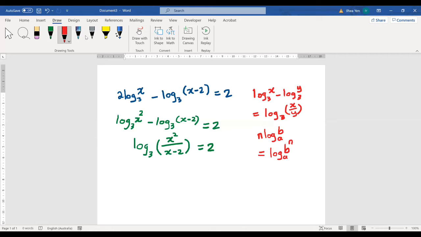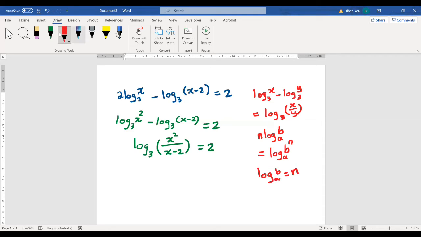Log base a of b equals n is our normal log form. So a is my base, n is the power, and b is my answer.